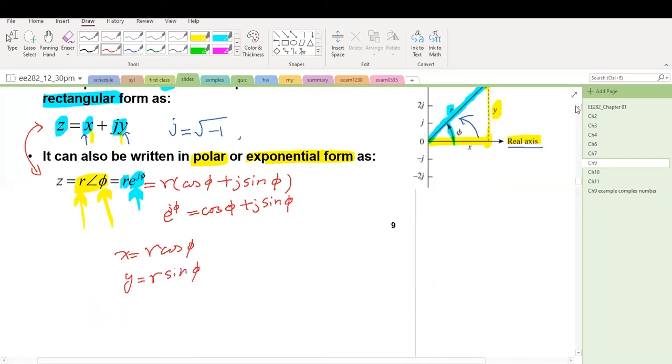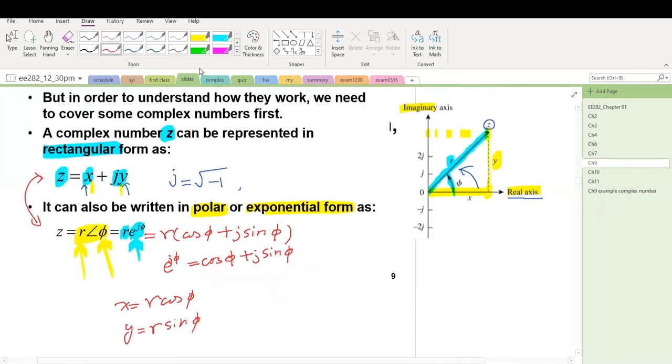This is exactly what we can relate in the graph: x equals r cosine phi, and y equals r multiplied by sine phi. They come from the triangular formula.